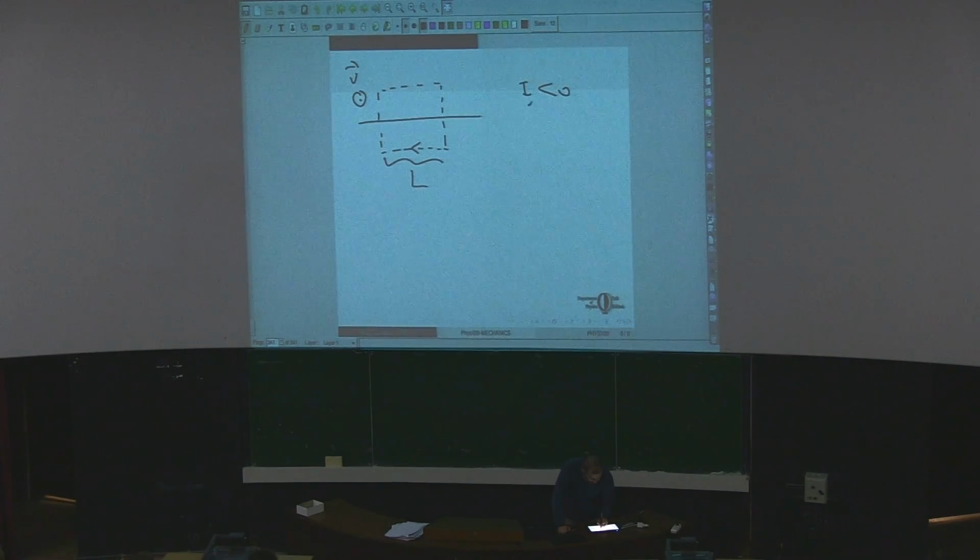I enclosed, let's say. Now let me also draw another view of the same thing. This is the direction of the motion. And this is the length L. Now how can I determine the current? What was the definition of the current?